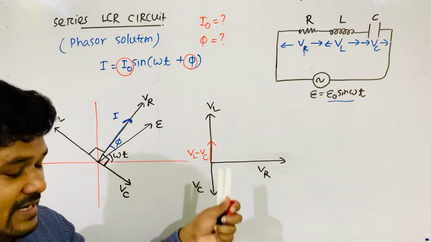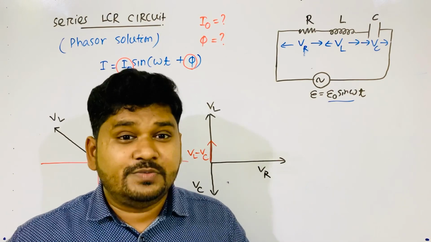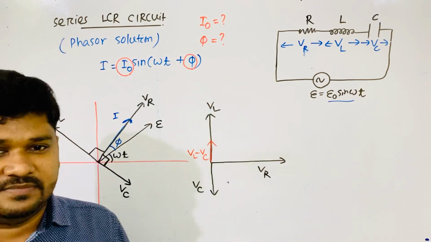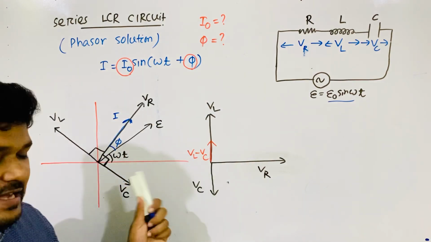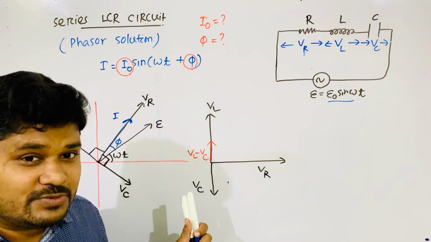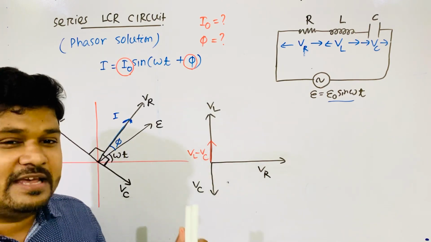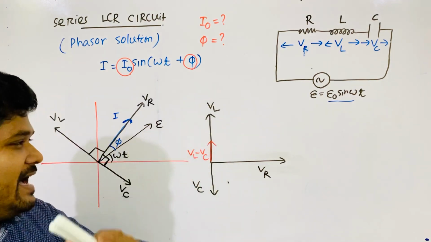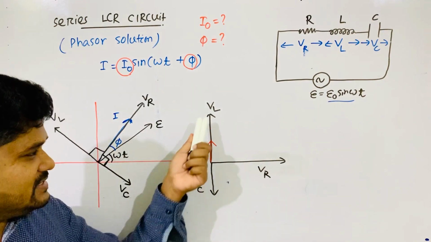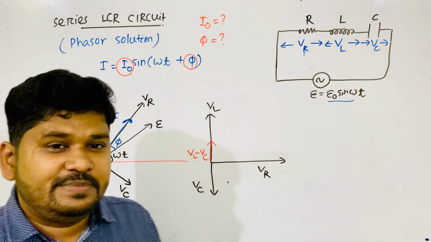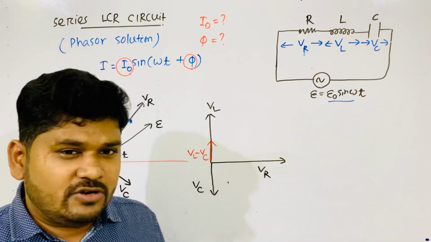You may do either, it doesn't matter. If I do VL minus VC, I am taking VL as greater. If you do VC minus VL, then you take VC as greater.